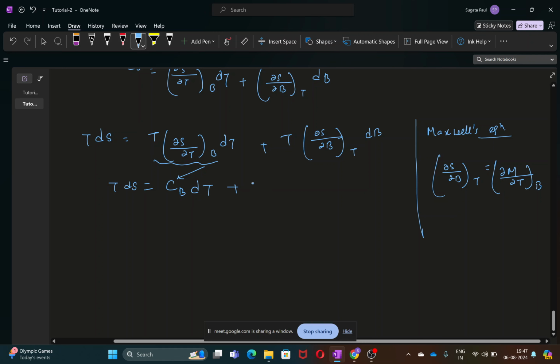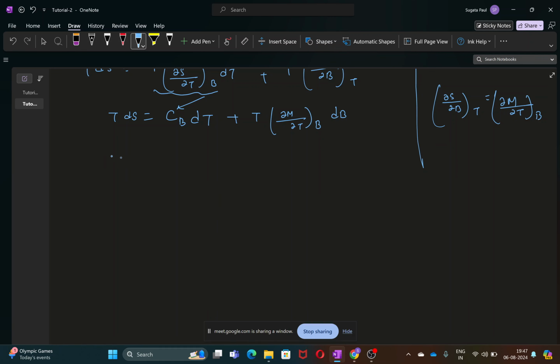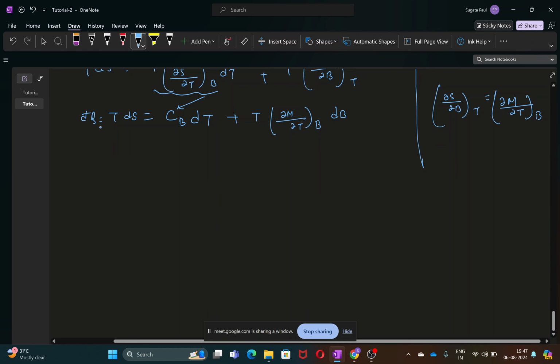So you can replace it here directly. So it is T del M del T at B constant dB. Okay, so now this is your dq equal to all these things.